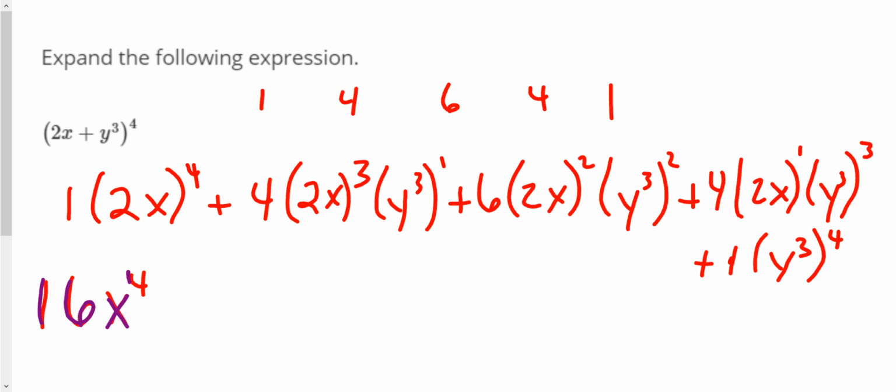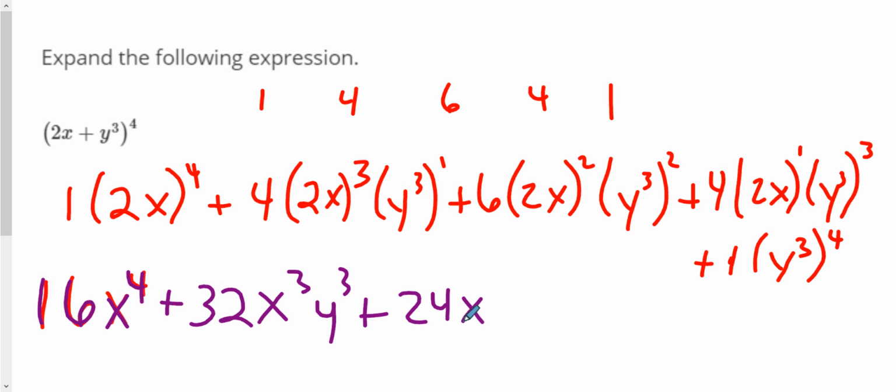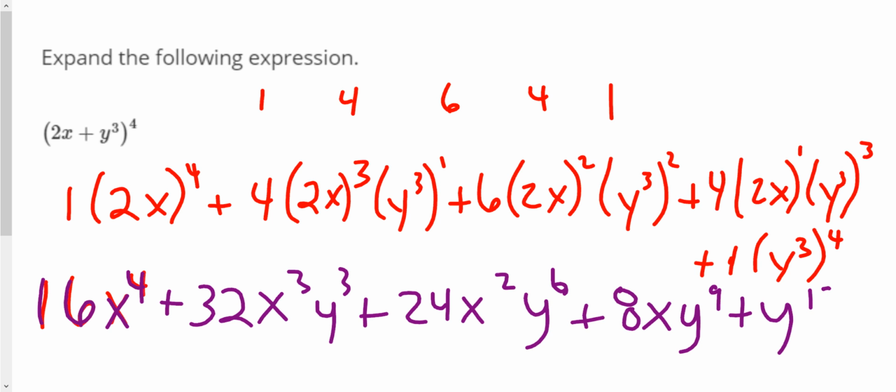So 16x to the fourth plus 32x cubed y cubed, and then we'll have plus 24 x squared y to the sixth plus 8, looks like a 6 there, plus 8x y to the ninth, and finally plus y to the 12th.